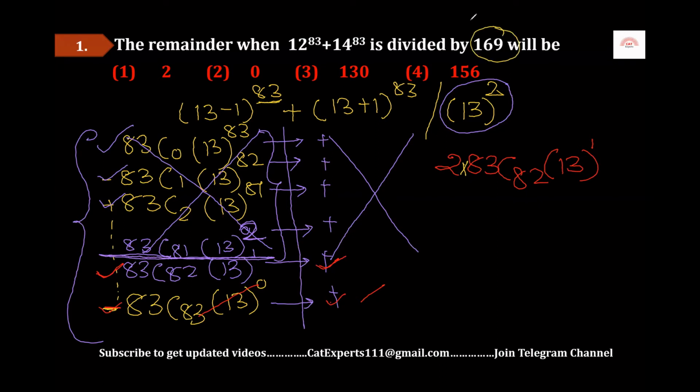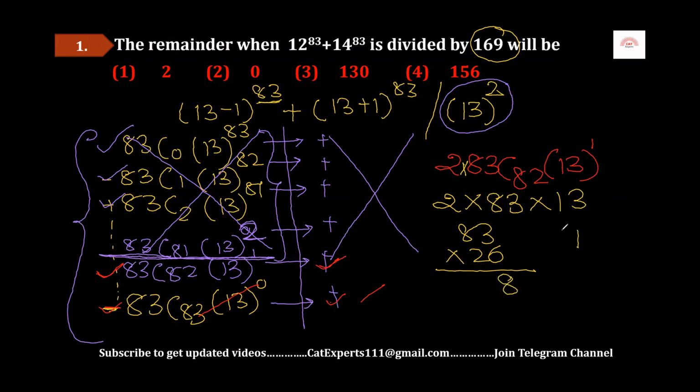So let's solve it. How much is 83C82? It's 83, guys. 13 raised to power 1 is 13. So I'm left with 13 twos are 26. So 83 into 26. How much is this going to be? Let's calculate by crisscross method. 6 threes are 18.